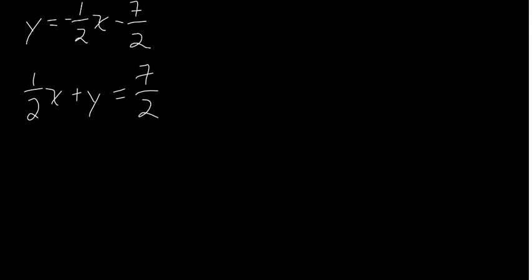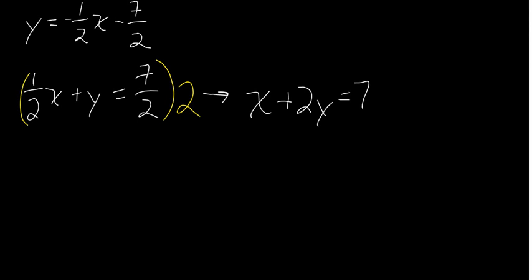We're going to multiply the entire problem by 2. So this is going to turn into x plus 2y is equal to 7. Right, and this is standard form. And that's it.